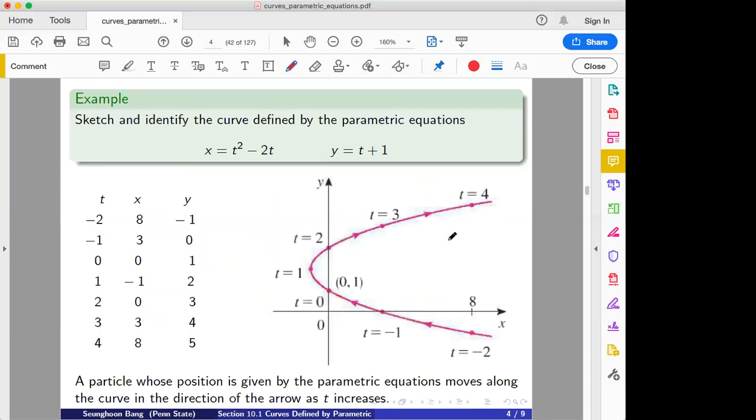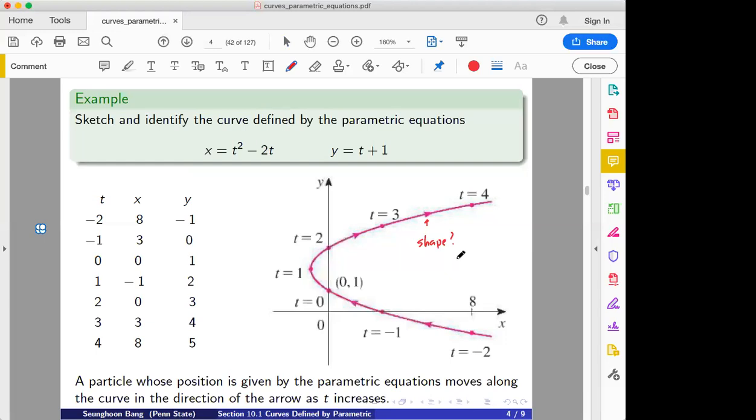So one more. What's the shape of this graph? What do you think? The shape? Like a parabola? Is it a parabola?